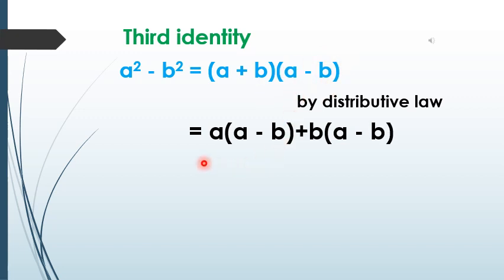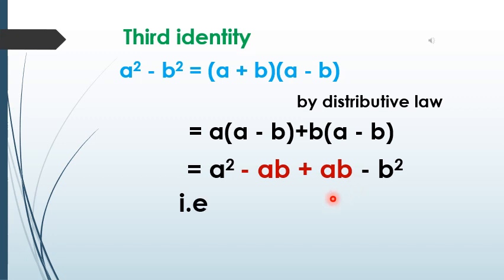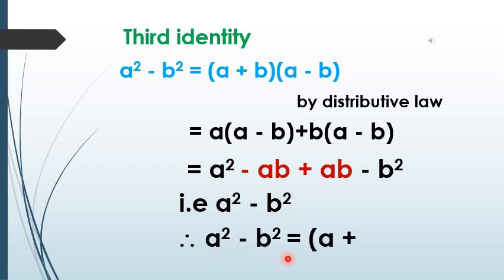It will be a² - ab + ab - b². See here, -ab and +ab are cancelled. Remaining is a² - b². Therefore, a² - b² is equal to (a + b) into (a - b).